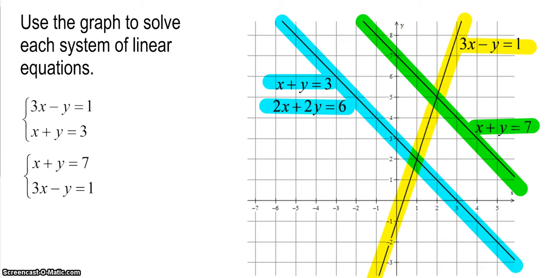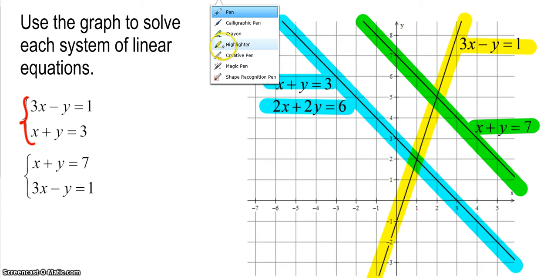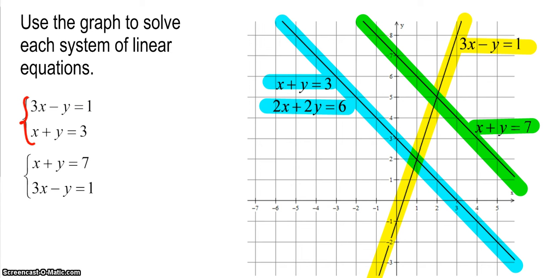So my first task is to look at this first system that they would like us to solve. We're going to look at these two equations, 3x minus y equals 1 and x plus y equals 3. 3x minus y equals 1 is the linear equation represented by the yellow line, and x plus y equals 3 is represented by the blue line.